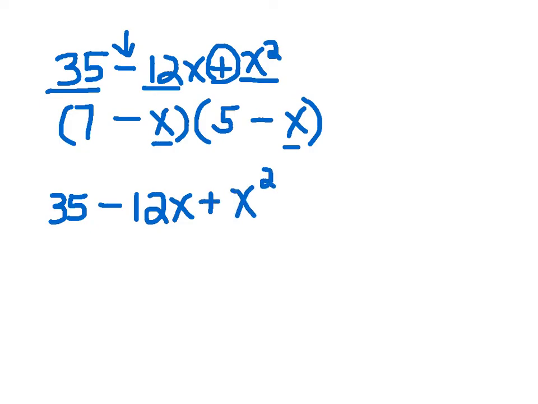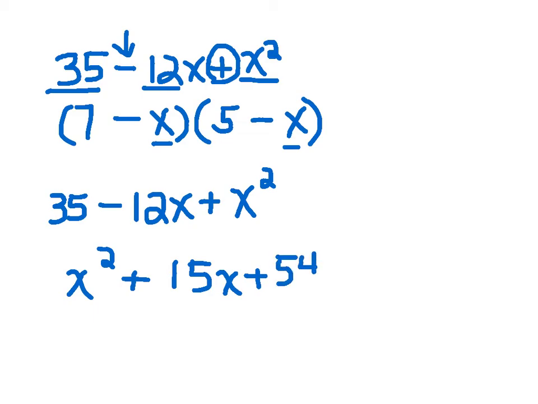Sometimes you might see something like x squared plus, let me see, let's say 15x plus 54. So I'm going to start the same way. Draw in my parentheses, put in my variables.